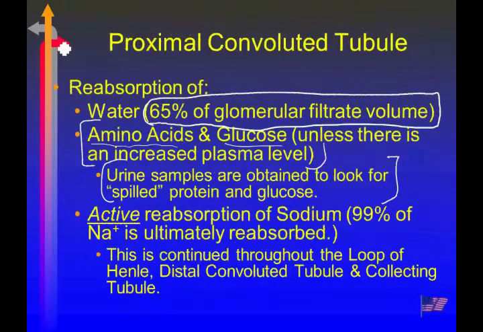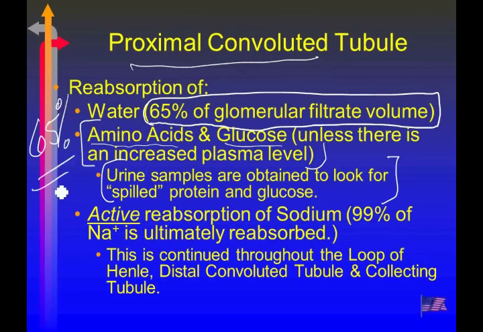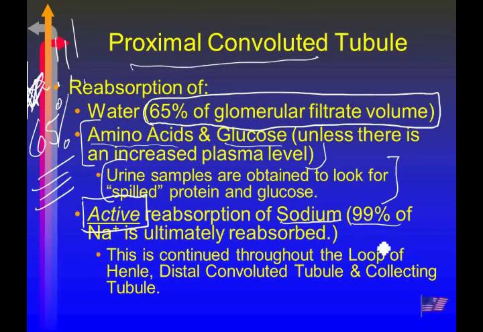In addition, the other thing the proximal convoluted tubule does, other than 65% reabsorption of water, is that you end up having sodium reabsorbed in an active fashion. And again, ultimately, virtually all of your sodium is reabsorbed.